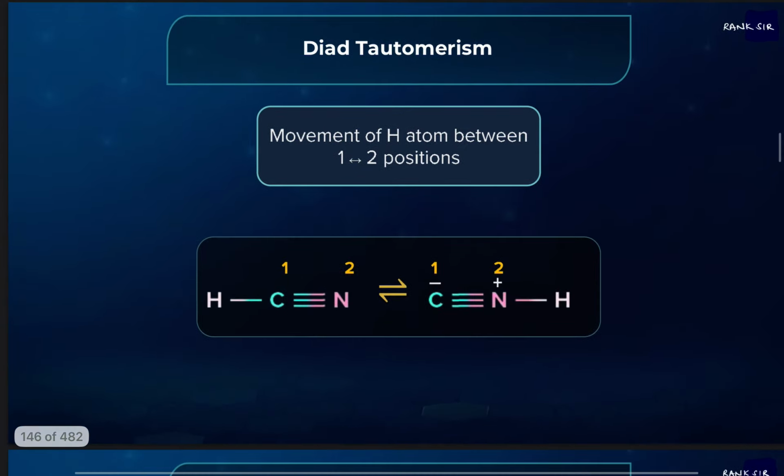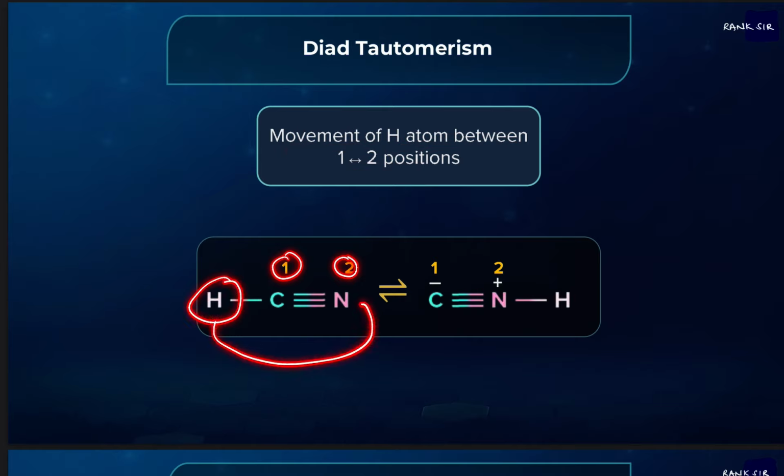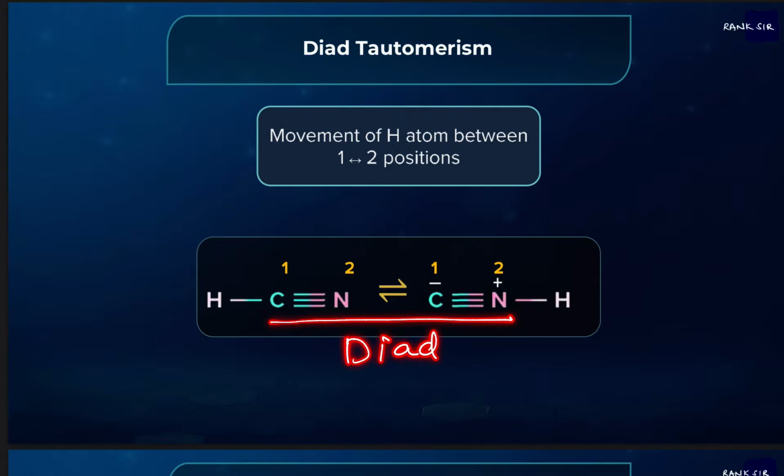Examples for dyad system, dyad tautomerism: movement of a hydrogen atom between the 1, 2 positions. This is 1, this is 2. If this hydrogen shifts to here, it is bonded to nitrogen. So these two are tautomers, dyad tautomers.